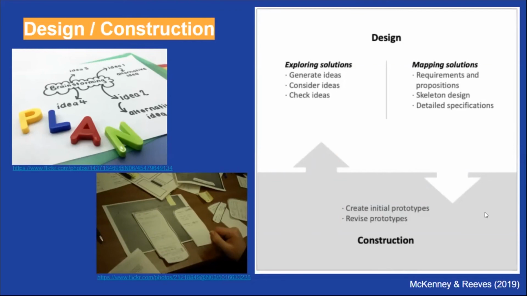These successive approximations are commonly referred to as prototypes. Okay? The design ideas mentioned in the design phase are not considered prototypes because they represent the planned solution.